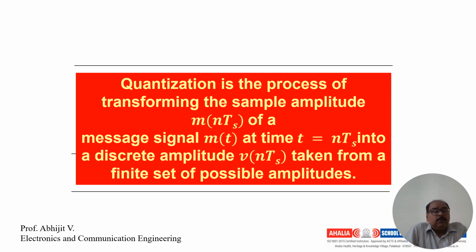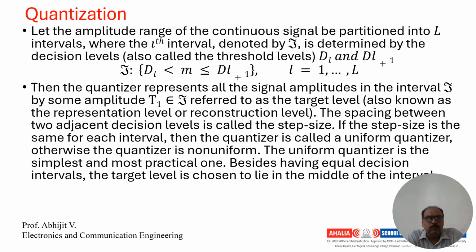That is why the sample amplitude m(nTs) of a message signal m(t) at time t equal to nTs is discrete time, discrete amplitude taken from a finite set of possible amplitudes. So that is the explanation of what quantization is, what I've just now explained to you.